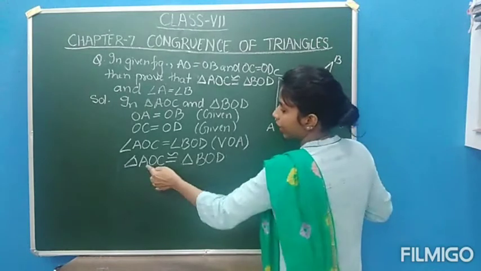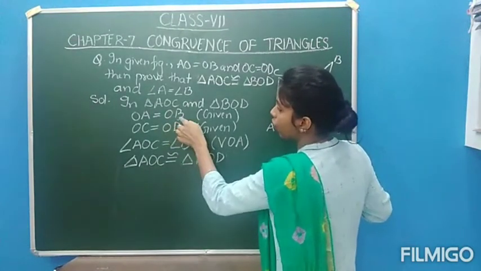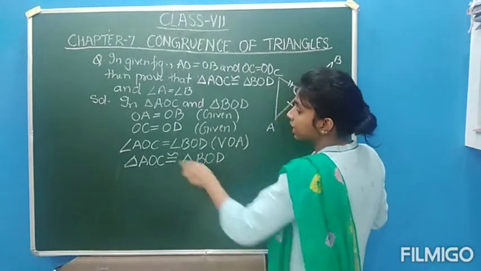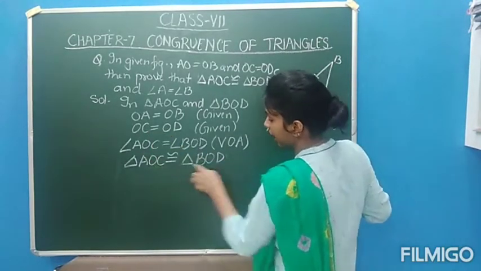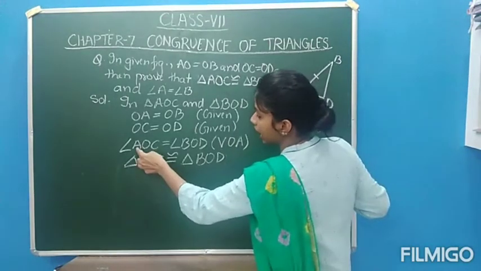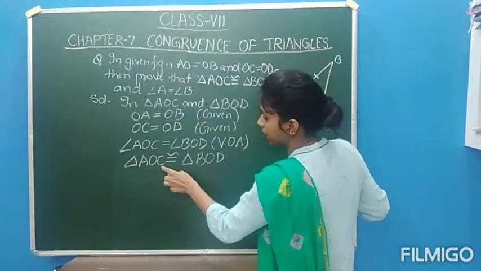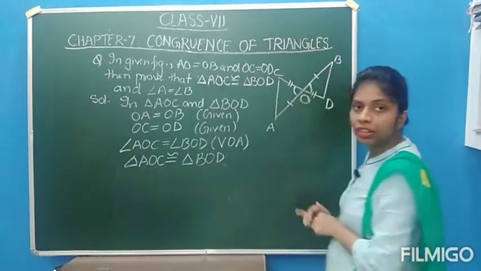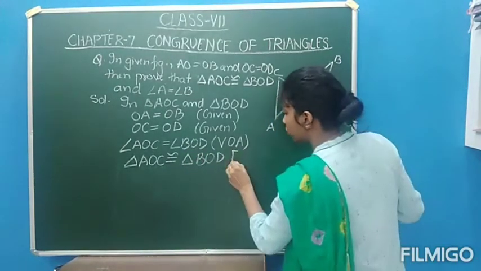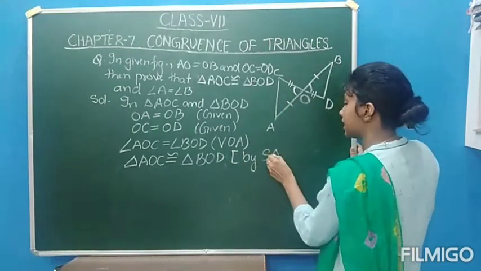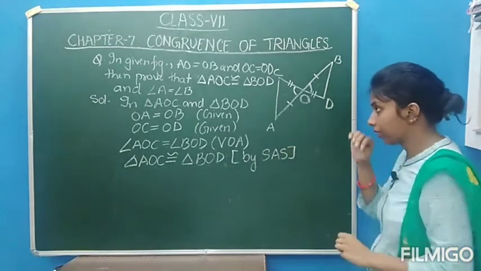AO is equal to OB. Here OB or BO is the same thing. Then OC is equal to OD, and now angle AOC is equal to angle BOD. So these are equal. So how do we write the criteria? By the criteria SAS. Okay.